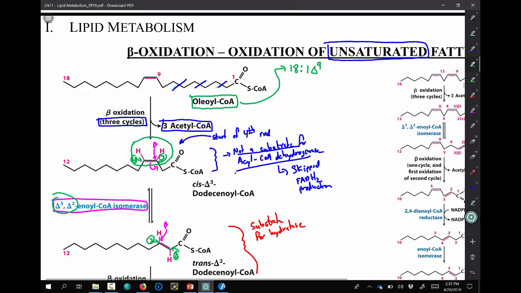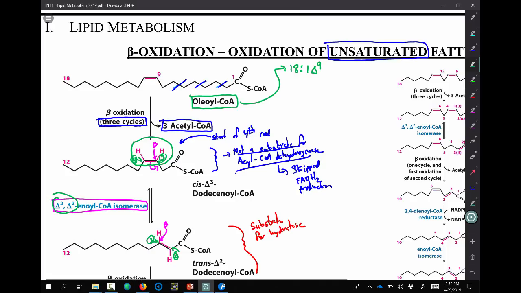I could be very wrong. Here's the thing, generally speaking, you do not find double bonds appearing on the second carbon to begin with when going through beta oxidation. Usually it's down further. I could be very wrong in that, but that's my suspicion.